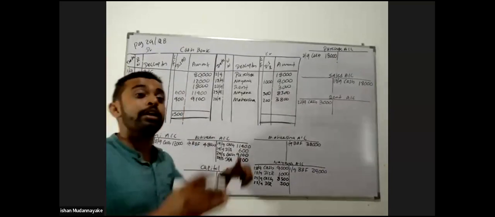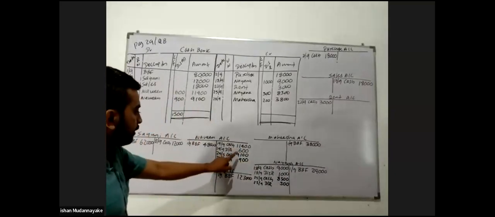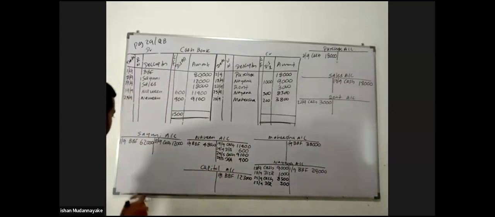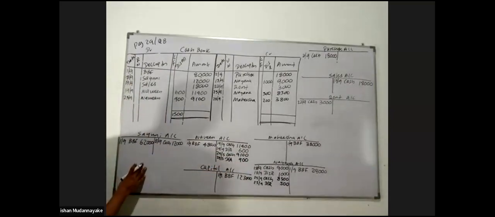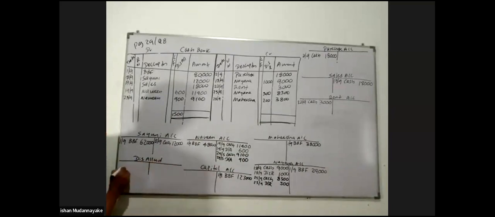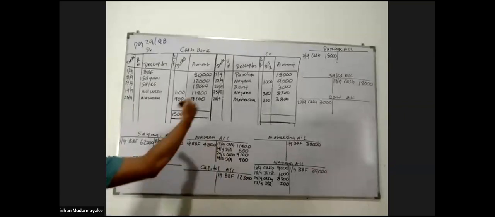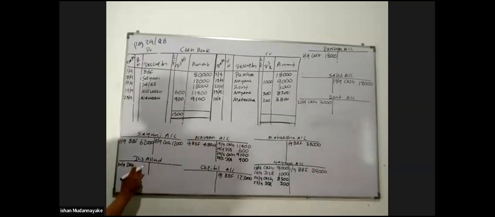Therefore, discount allowed account debit, Naveen credit. Here I will prepare the discount allowed account. Debit, here 30th September, debtors credit. Naveen debtors credit. Discount allowed account debit 1,500.